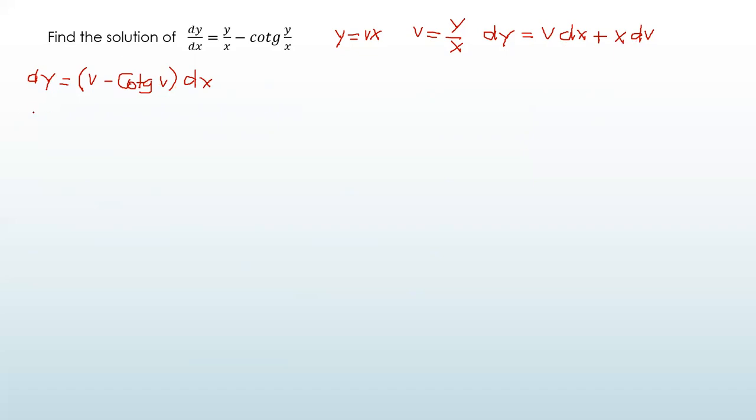So we may write phi dx plus x d phi equals phi dx minus cotangent phi dx. Okay, and it becomes 0.